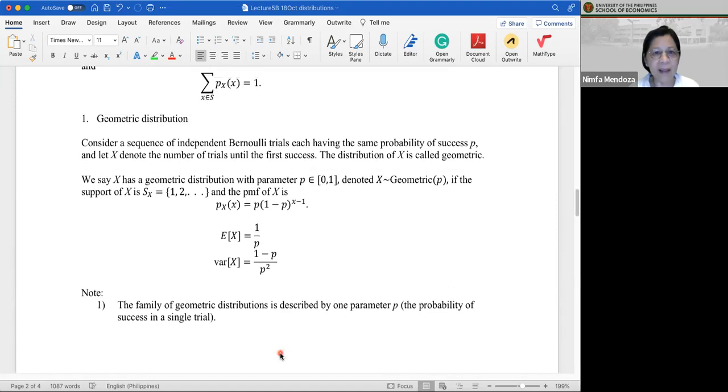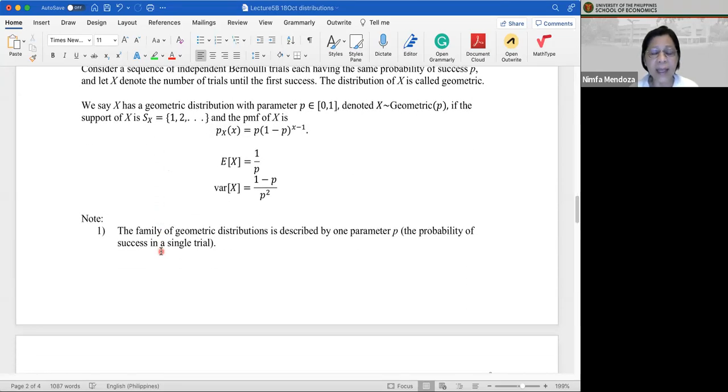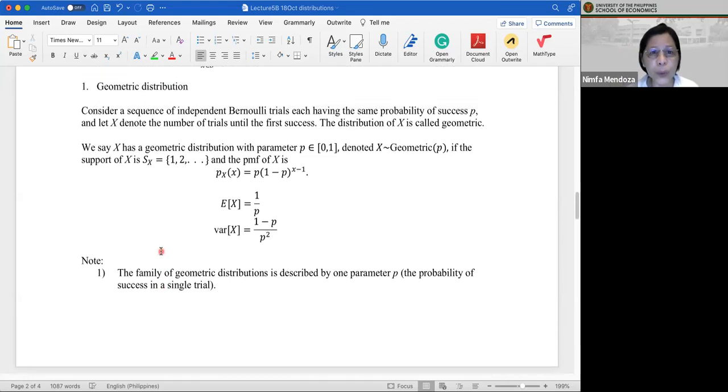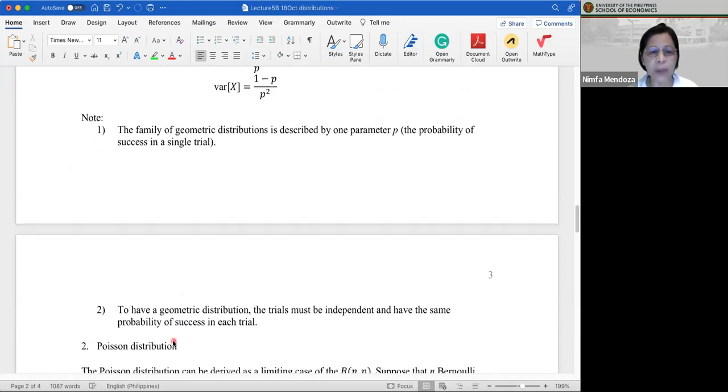So note the difference between a random variable that has a geometric distribution and a random variable that has a binomial distribution.